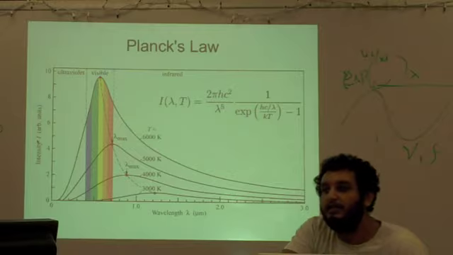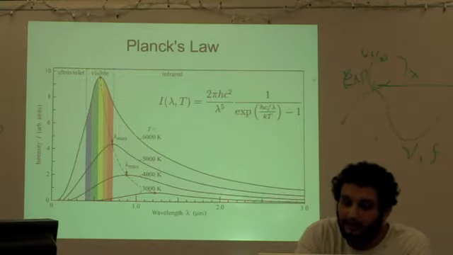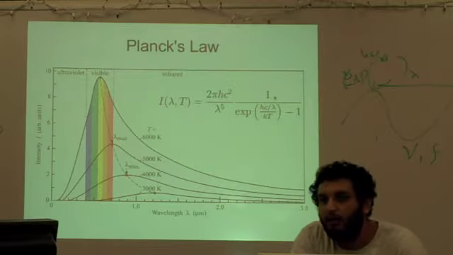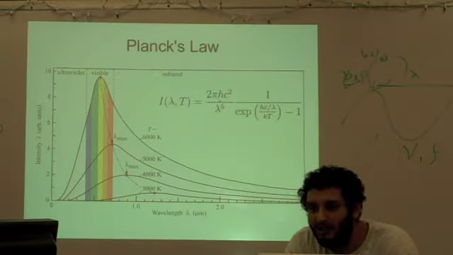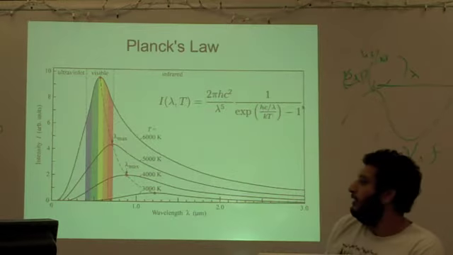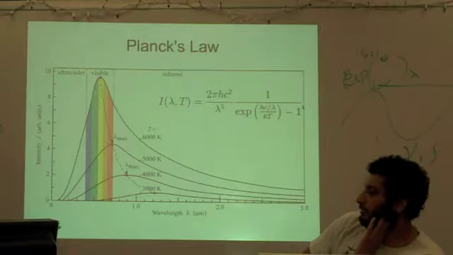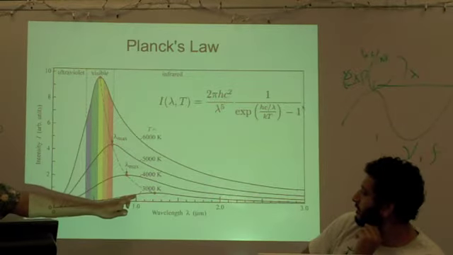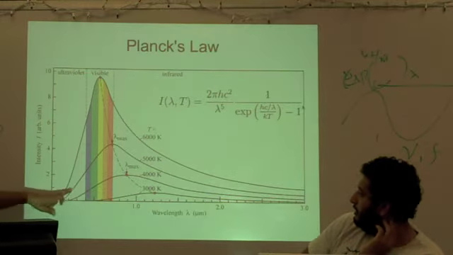Luckily you don't need it. You won't ever need this. I just wanted to show you what these curves mathematically were: a somewhat complicated, but not really that complicated curve. The only reason it's not that complicated is because everything's pretty much a constant here, except for temperature. Basically, this is just saying, if you have a black body at 3000 Kelvin, at this wavelength it will emit this intensity of radiation, and at this wavelength it will emit this intensity.